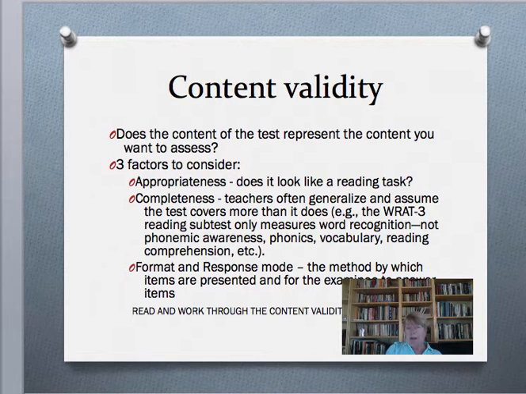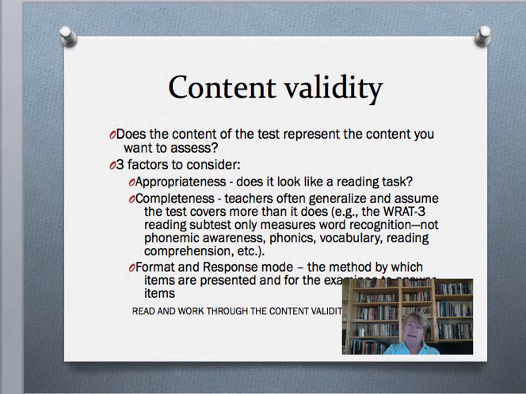So you think about your students, and would that be an appropriate format, the way the items are presented? Is that something that you ask students to do, that you work with, or that you see students doing in the classrooms that you've seen? It should be a format that they understand. And then, is the way that they're being asked to respond appropriate for the students that you work with?